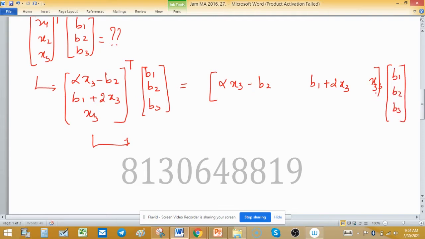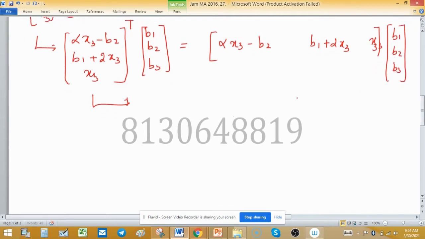Now these two are compatible for multiplication. So multiply these two. This is a single row and this is a single column. So we will get alpha b1 x3 minus b2 b1 plus b1 b2 plus 2 times b2 x3 plus b3 x3.